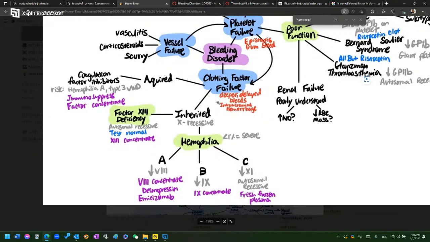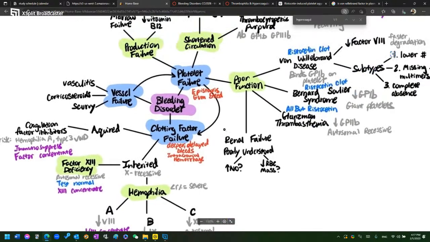And then our big clotting factor problems are related in hemophilia. If you have less than 1% clotting factors of the normal person, that's considered very severe. Your risk of dying is pretty high. There are 3 types of hemophilia that we're talking about: A, B, C. A is low factor VIII.